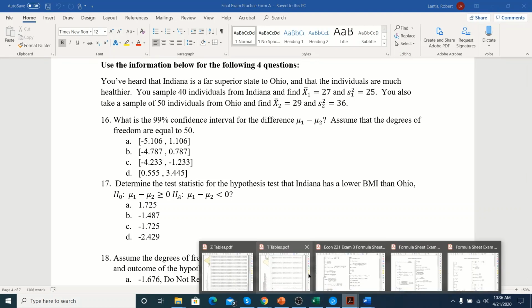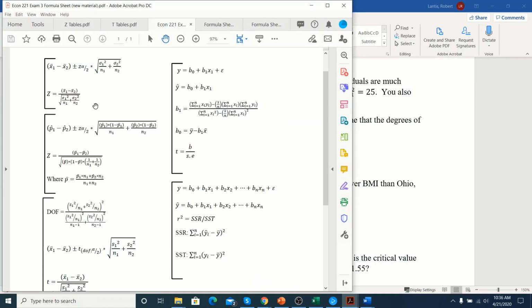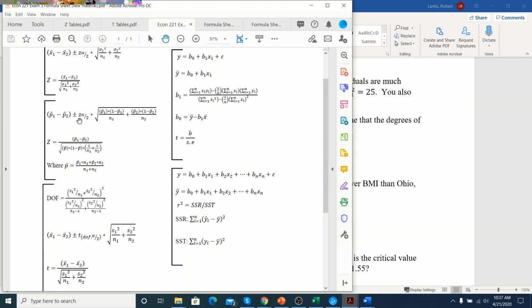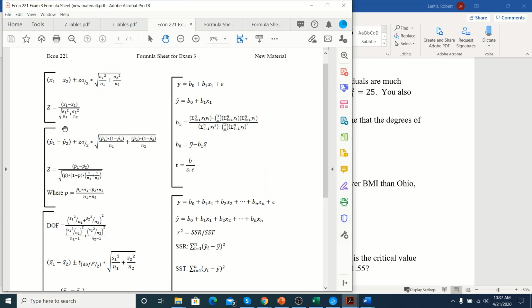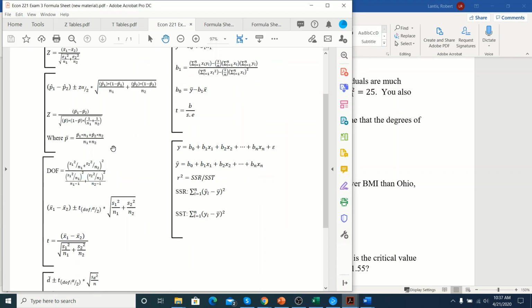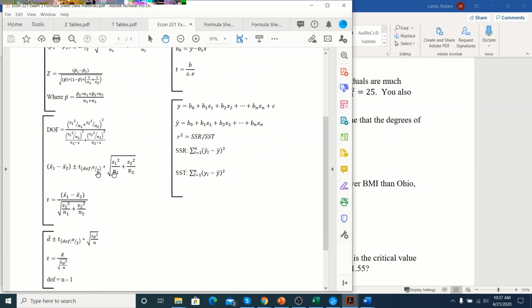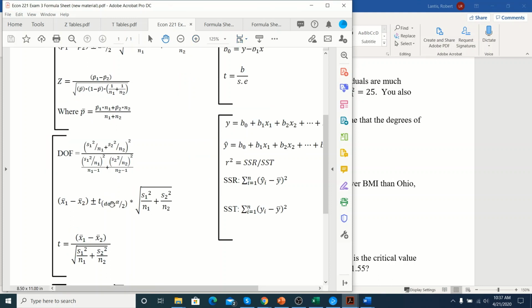If we look at that formula sheet, here's my confidence interval for proportions. Here's my confidence interval when I know the population variances. Here's my confidence interval when I only have sample variances. So I'm going to be using this equation right here. Let me zoom in a little bit on it. I'll take the difference that I found in my sample means.